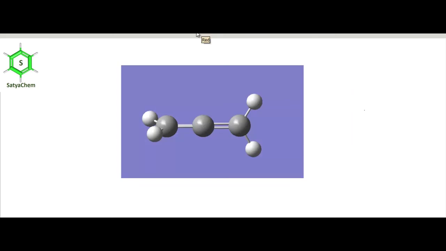Actually this pi bond and these pi bonds are perpendicular. To show you the perpendicular pi bonds, I need to draw the planes. This is one plane, and this is another plane. These two methylene groups, this CH2 and this CH2, are perpendicular to each other.